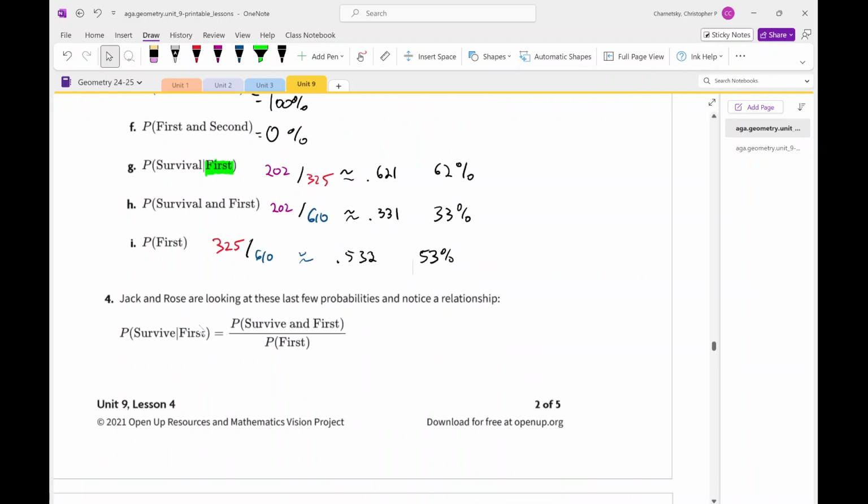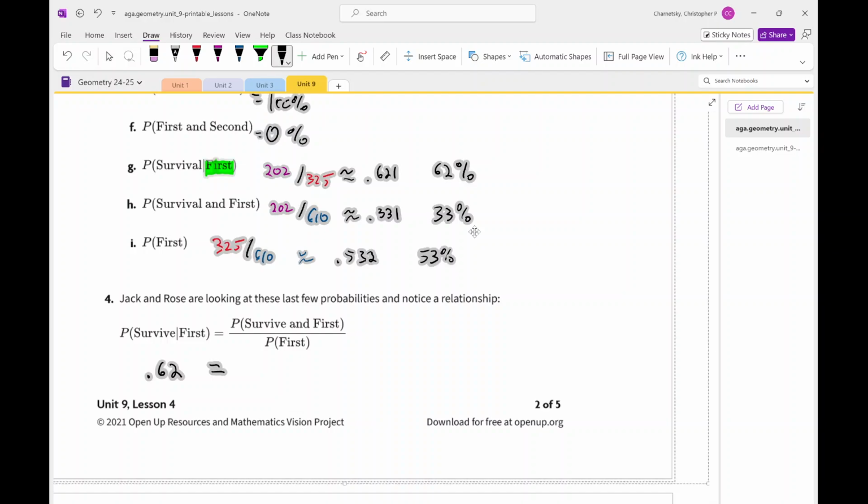So there's this relationship that Jack and Rose are noticing here. Basically looking at these last three here. The probability of surviving, being that you're a first class citizen, is 62% or 0.62. And we want to check, does that equal surviving and being first? So that's the 0.331.